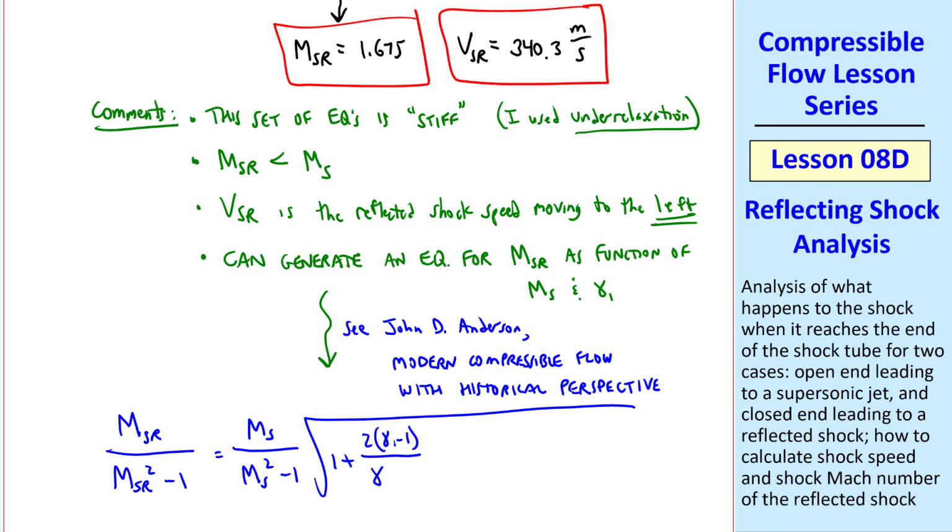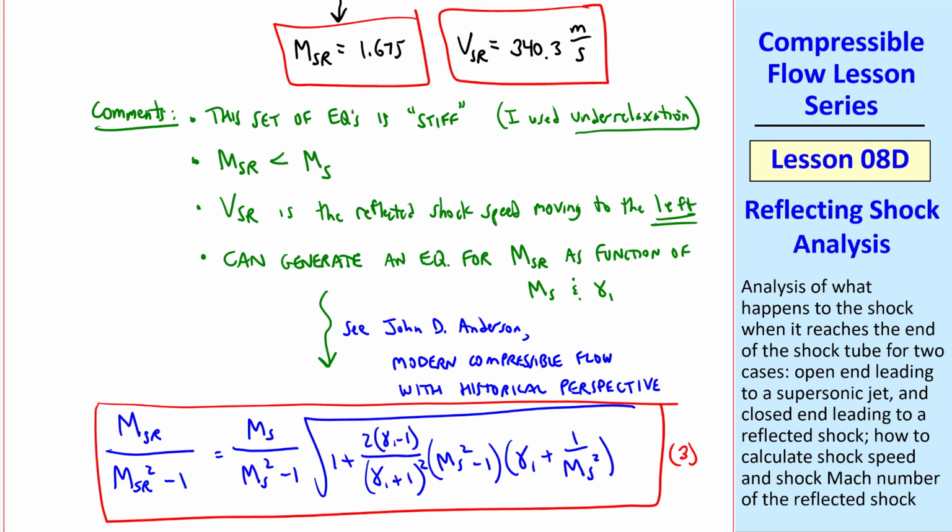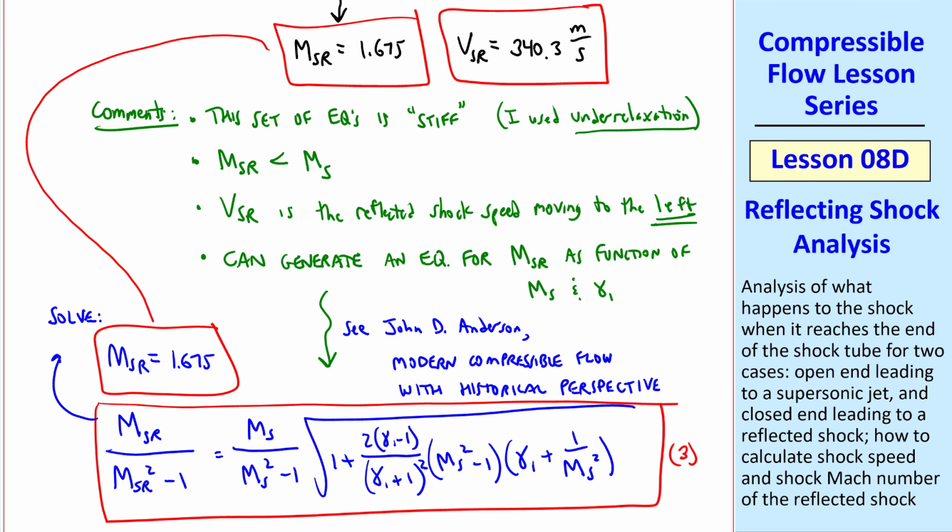I'll write out his equation here. And since we know gamma 1, this is a relationship between MSR and MS. And we know MS from our previous calculations, so we can solve this for MSR. We get MSR is 1.675, which agrees with this, which makes us happy.